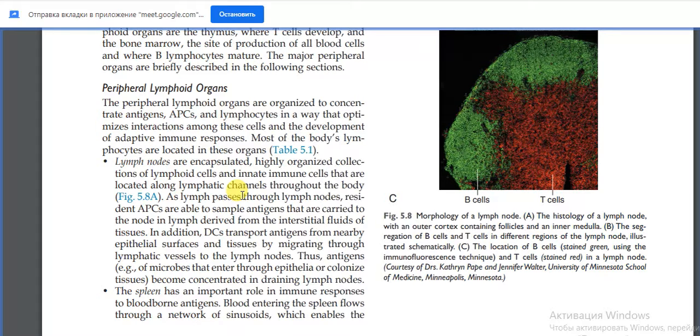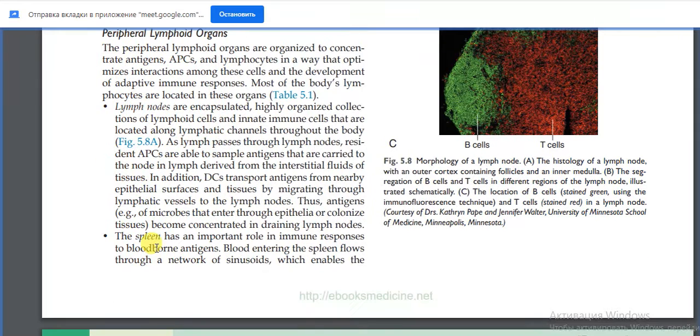But the main idea of lymph is to prevent antigens from entering the general circulation without analysis by immune cells. That's why all the liquid which doesn't fit inside the blood enters the interstitial space, and from the interstitial space it enters the lymph nodes. Okay, and spleen. Spleen is similar.